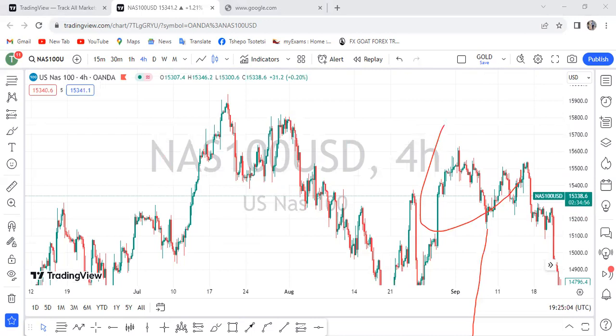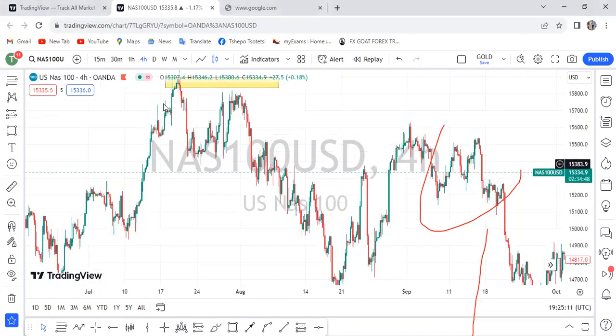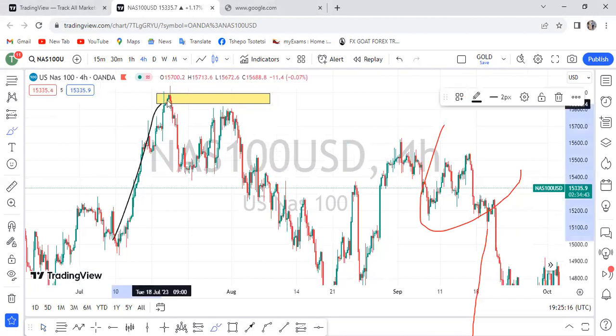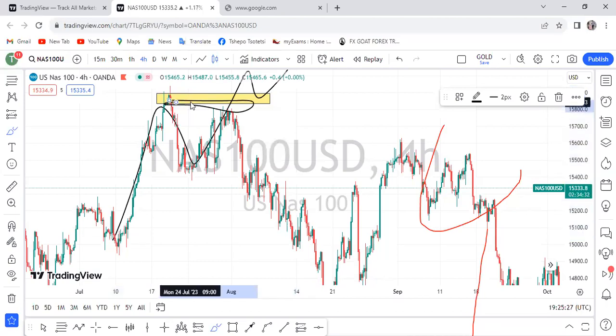We can see that the market failed to make a higher high from here. It made this high, came back, made a higher low. Instead of making a higher high and continuing, it failed and made the same high, which makes this a double top.